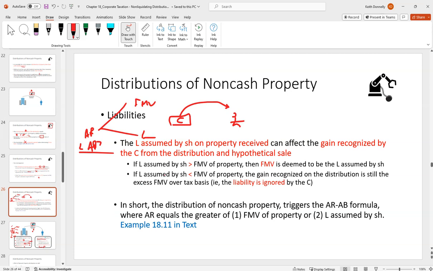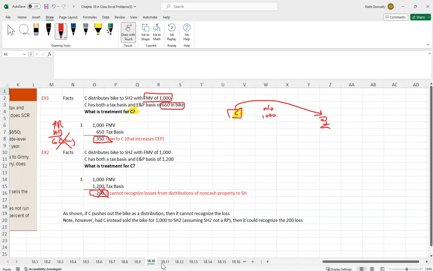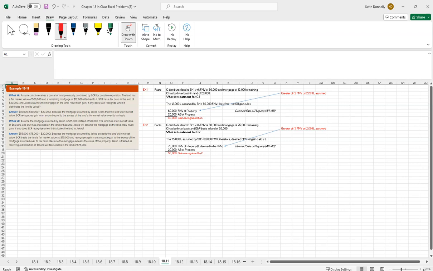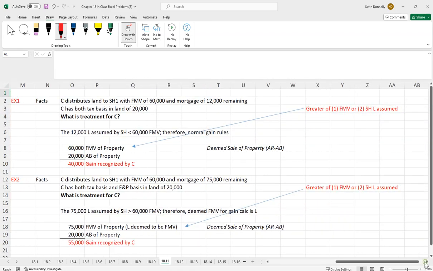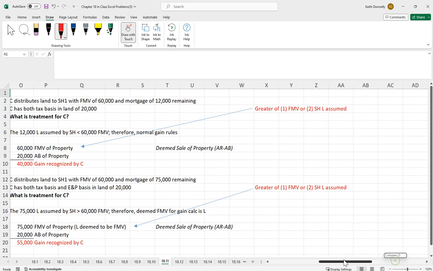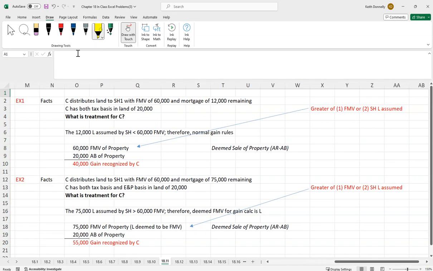So that's what this guy is saying right here. So let's look at 1811. Oh, flying off the screen. All right, they're giving us a setup here. It looks like there's land and a mortgage. Tax basis is 20. What are the effects for the corporation?